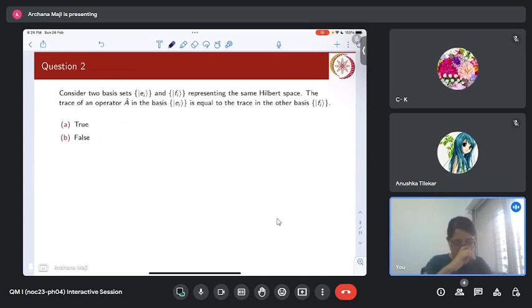So any Hilbert space can be described by different basis sets. So here we are given any two basis sets, so the answer will turn out to be true. So let me explain it. Now any vector in a given Hilbert space you can write as a linear superposition of the basis states.